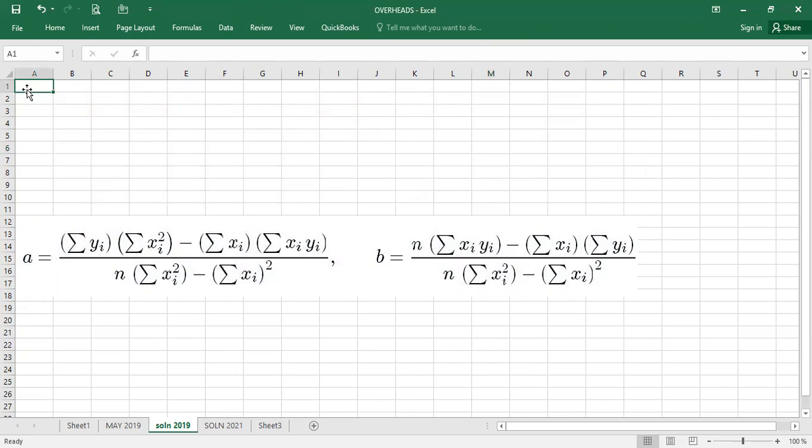We said the cost equation is y equals bx plus a.